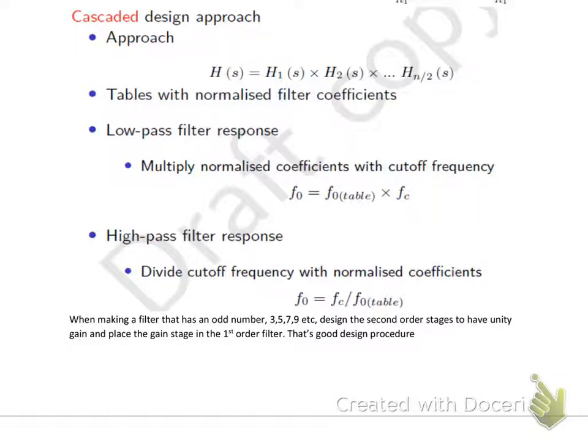The amplifier topologies that we analyzed were all second order poles, right? So if you would like to get a frequency response that has more than 2 poles, then you would have to cascade amplifiers together.